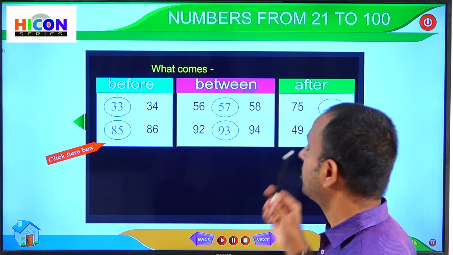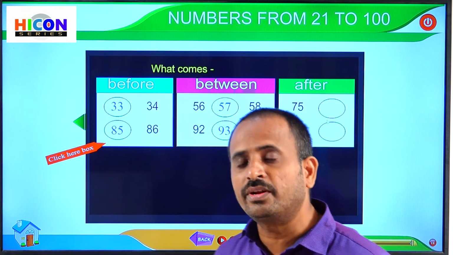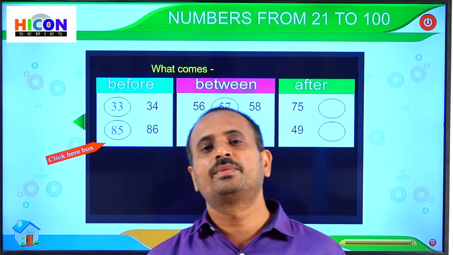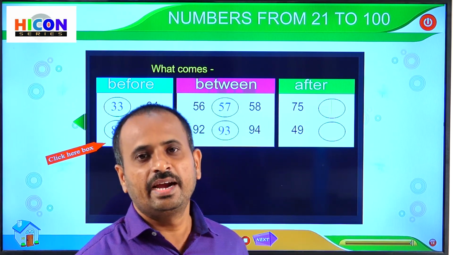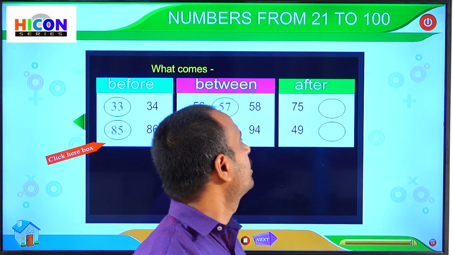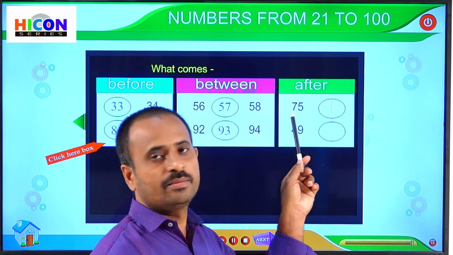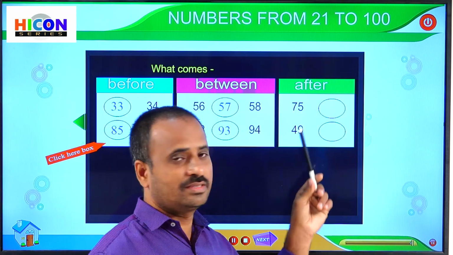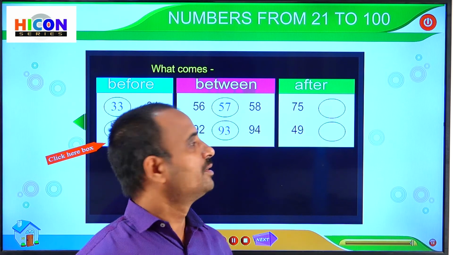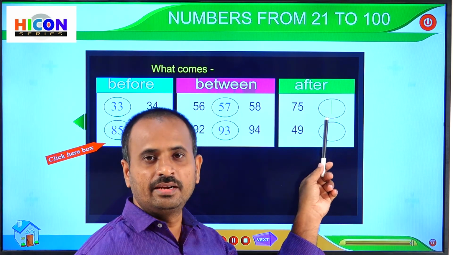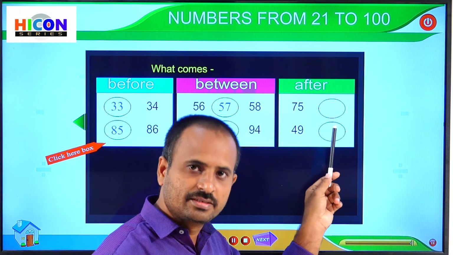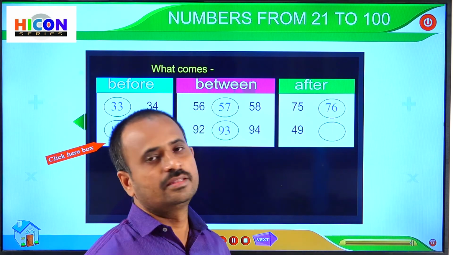See the last one, after numbers. How do we write the after numbers? We can write the after number for the given number just by adding 1 to the given number. What is the given number here? 75. What is the after number for 75? After 75, we will get 76. So write 76 in this circle.